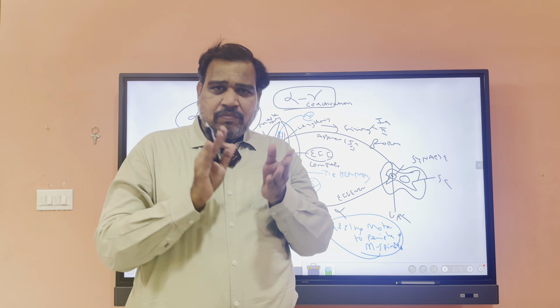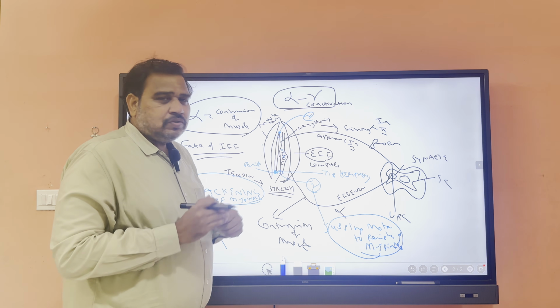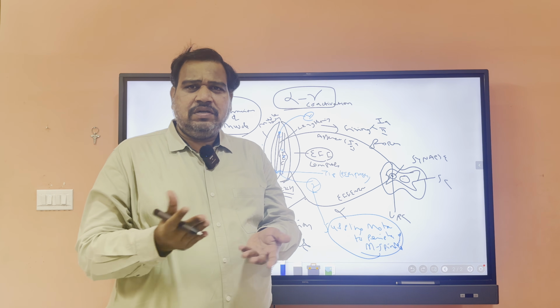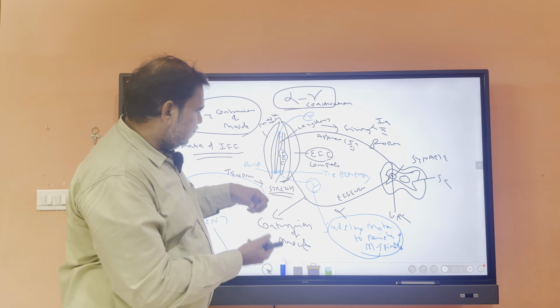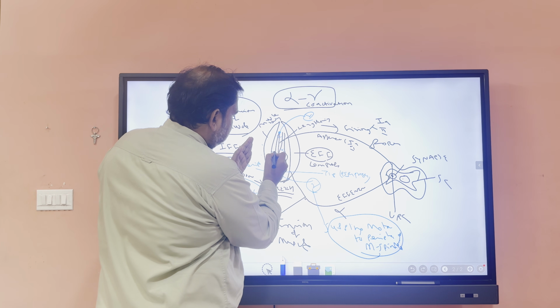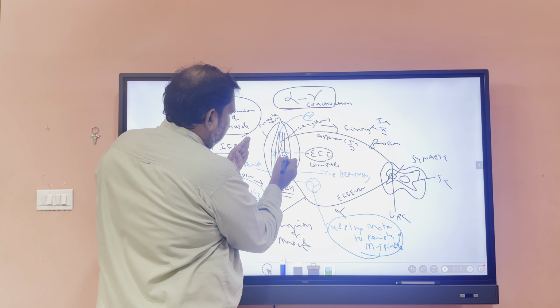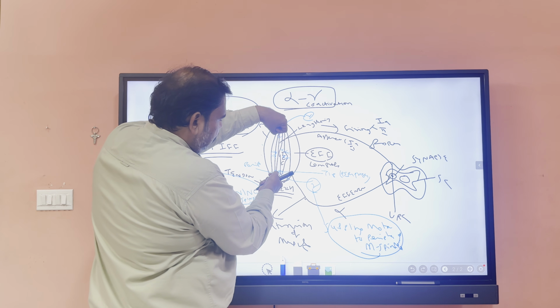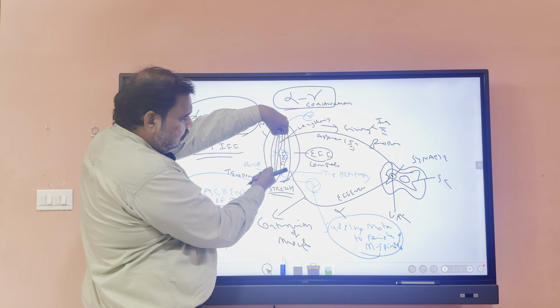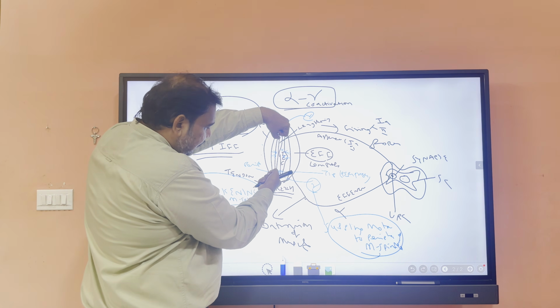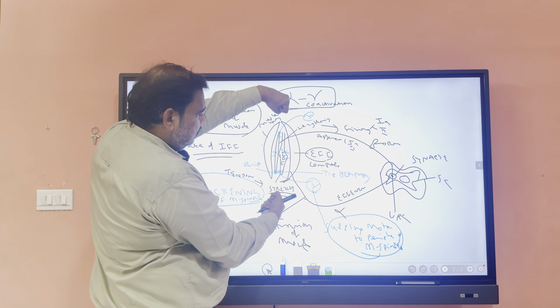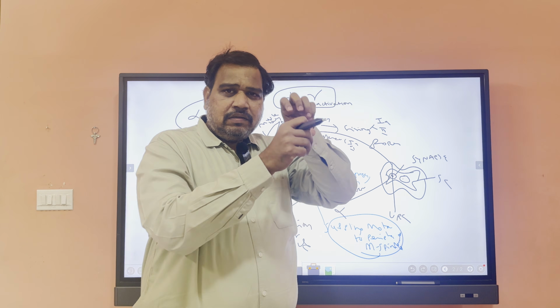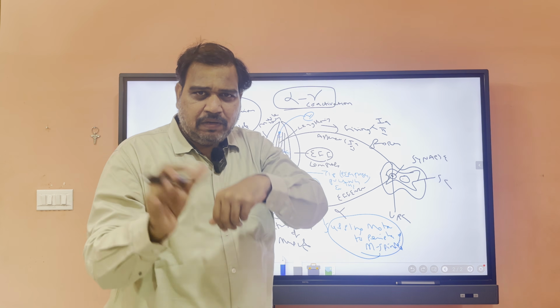Because of gamma stimulation, what happens to the periphery of the muscle spindle or intrafusal fiber? Yes, it contracts. Now just to concentrate, already the center is being compressed by the extrafusal fiber, but what happens to the tip? You have to see my hand also. The tip will be contracted. Imagine the tips of the intrafusal fibers are pulled because of gamma.